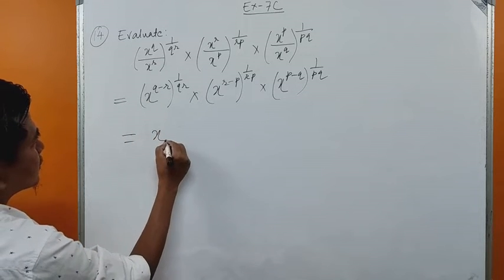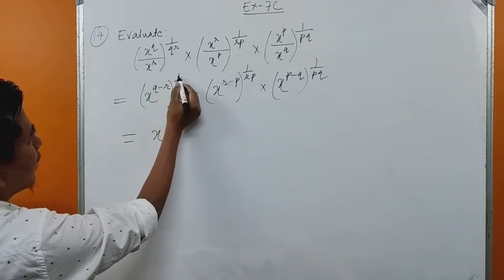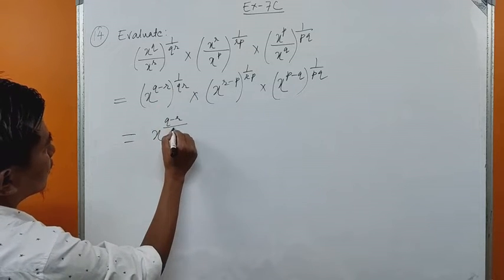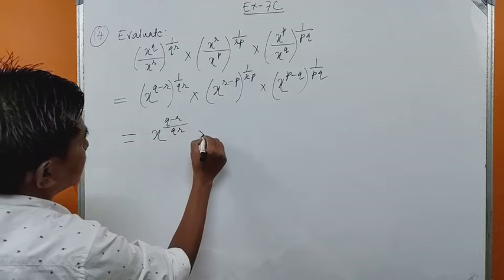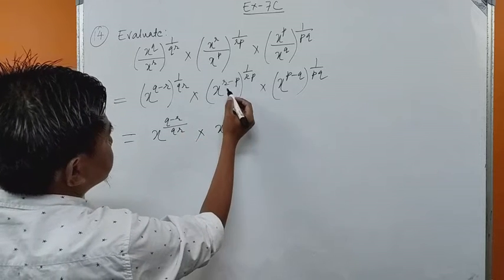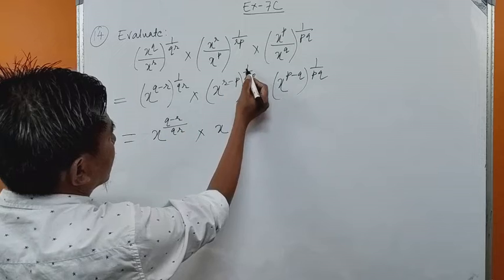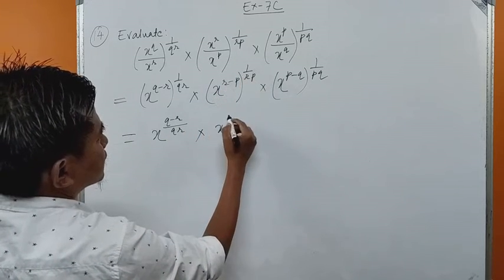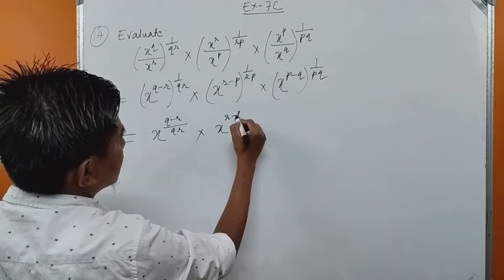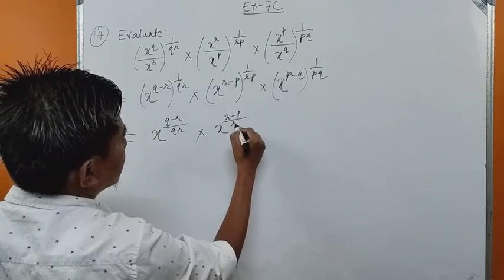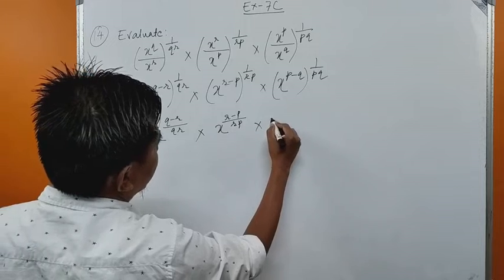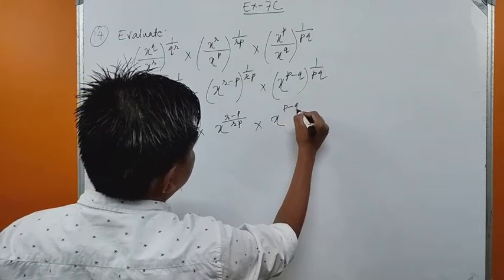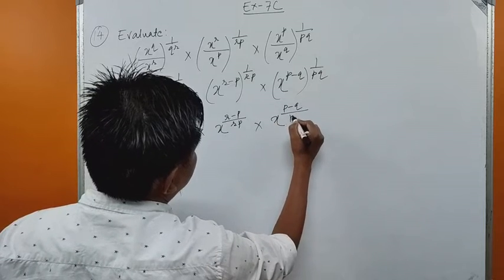So you can write this as x to the power q minus r into 1 is q minus r whole upon qr, into x to the power r minus p into 1. This number is in the numerator. r minus p into 1 is r minus p whole upon rp, into x to the power p minus q into 1, p minus q upon pq.